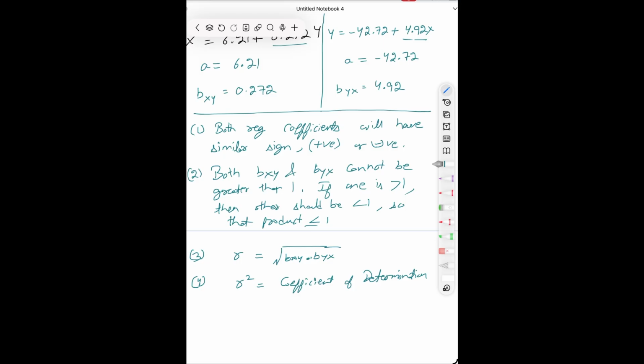This coefficient actually shows the explained variation in the dependent variable out of total variation.